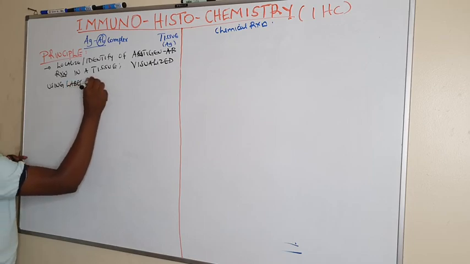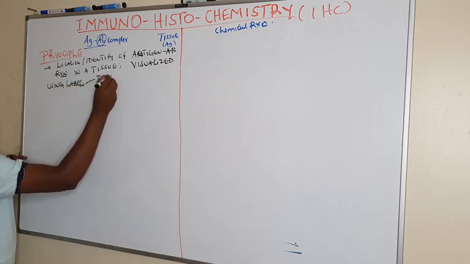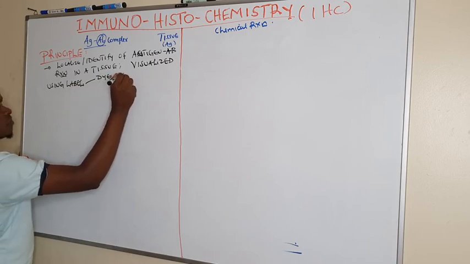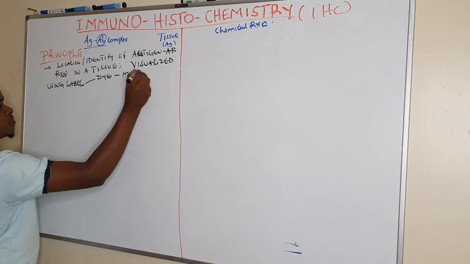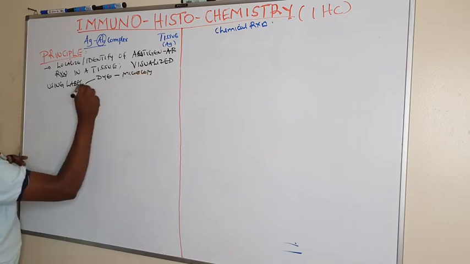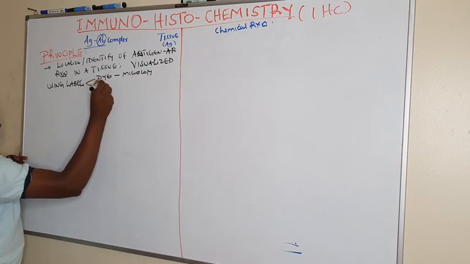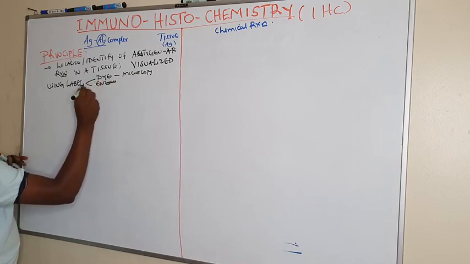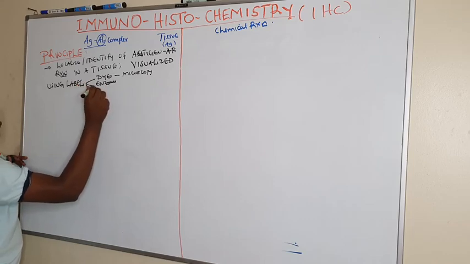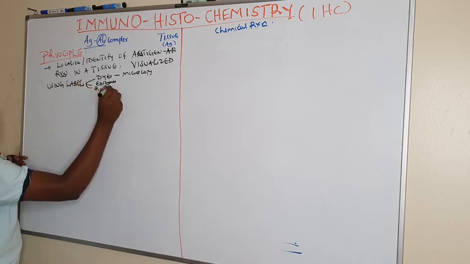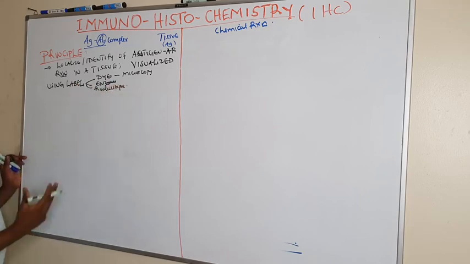The labels can be fluorescent dyes, whereby here we shall use fluorescent microscopy, or it can be by use of enzymes, or it can be use of radioisotope substances, and so on.